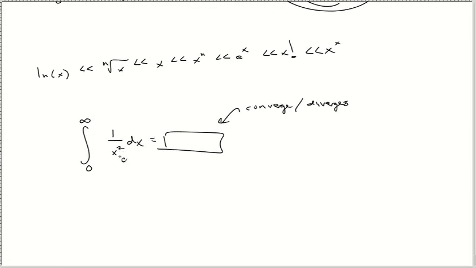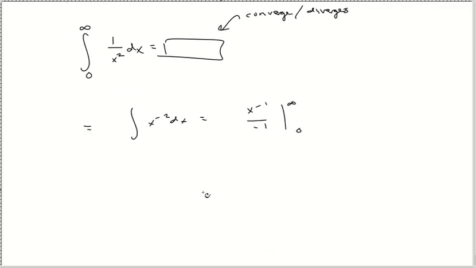So what I have here is a negative power, so it's 1 over something. Let me integrate this real quick so you can see my thoughts, my theory on this. I've got x to the negative 1 over negative 1 from 0 to infinity. That's a negative 1 over x from 0 to infinity.